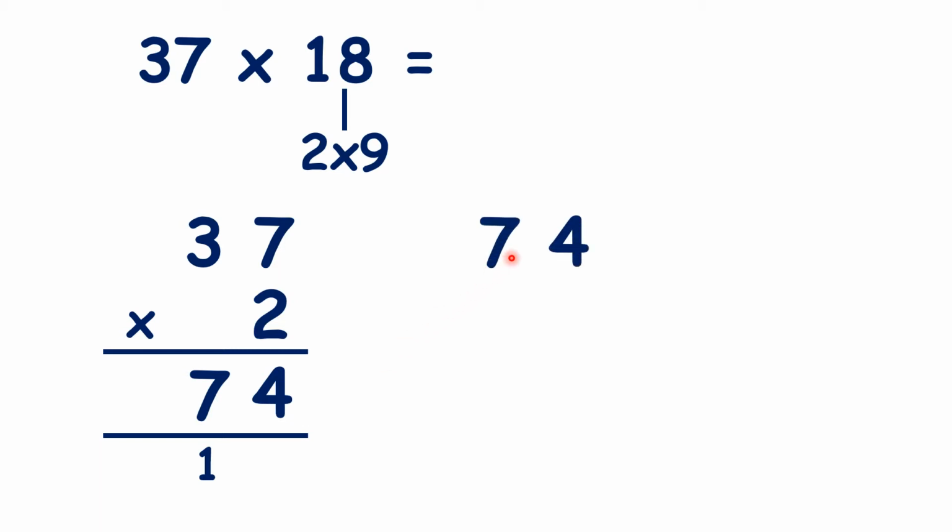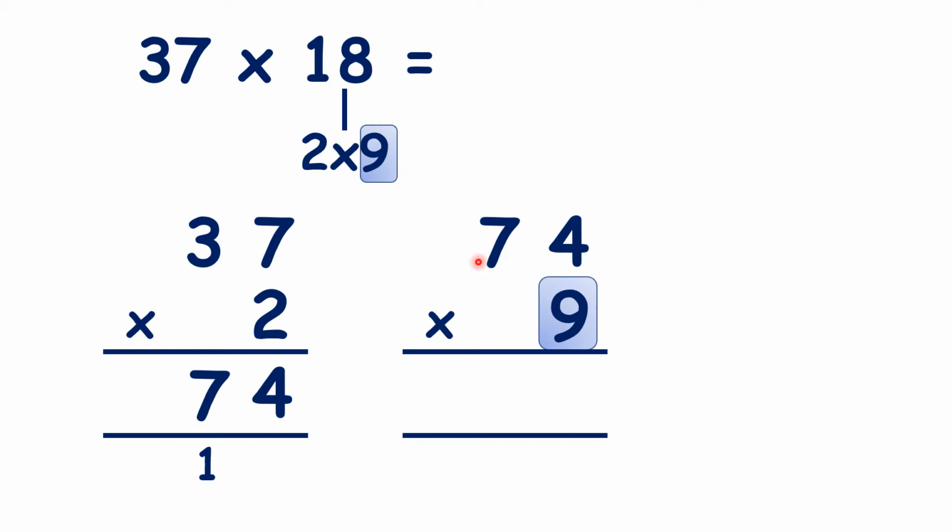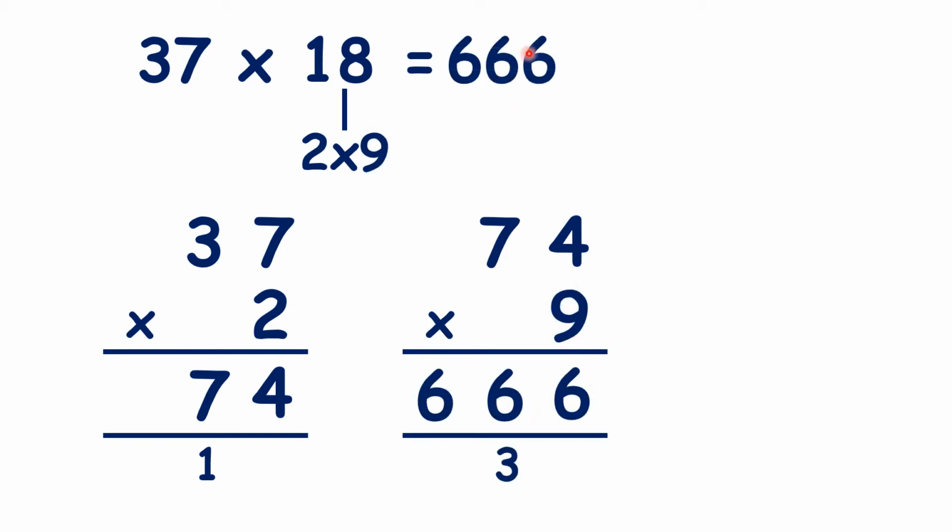Then we can multiply 74 by 9, so by the second of our factor pairs, to get 666. So we know that 37 times 18 is 666. Now, because with multiplication order doesn't matter, we could have multiplied by 9 and then by 2.